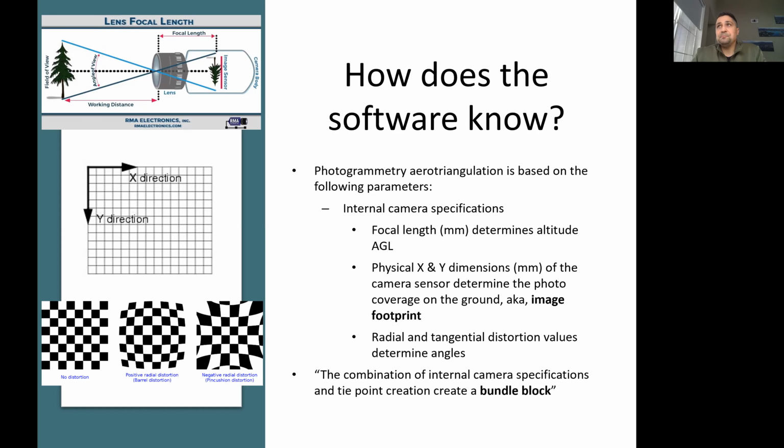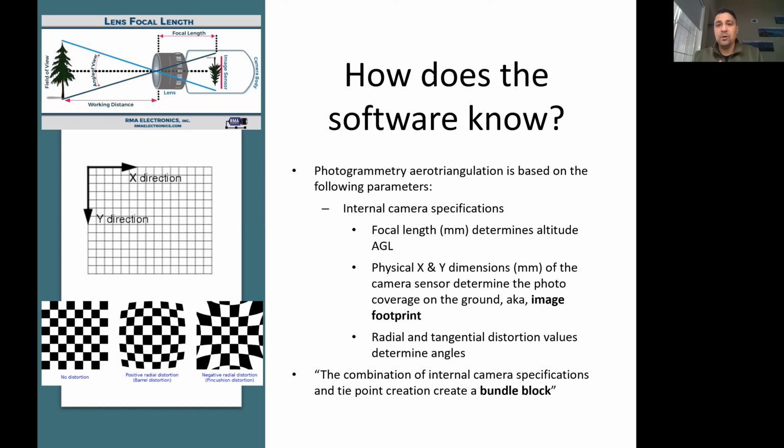Basically, you're always going to have some sort of distortion with any camera and any picture, but the camera manufacturer has understood that and has put that into the camera's metadata somehow. You don't really see it with the eye, but it's there.